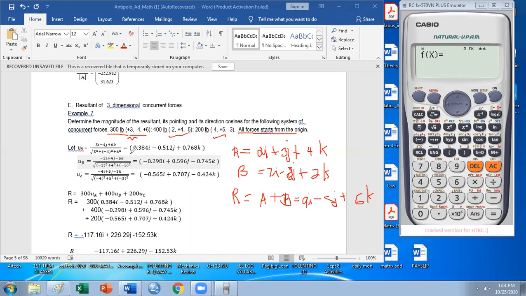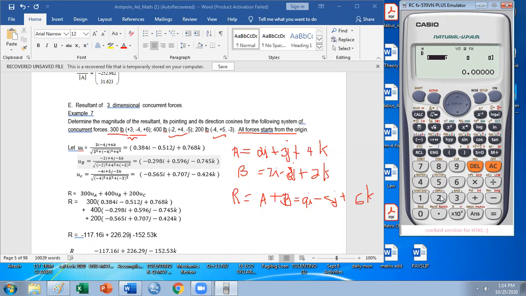And then you will have these values yan. Or pwede gamit ka ng calcu para mabilis. So, punta ka sa mode 8, 1. So, input mo yung mga vectors. That is 3, negative 4, 6, and then shift 5, dimension mo yung pangalawang vector.